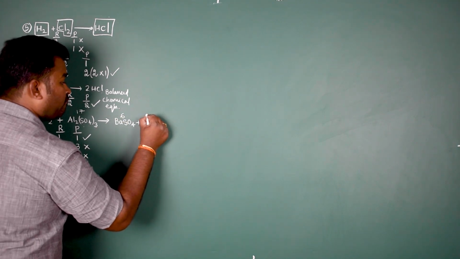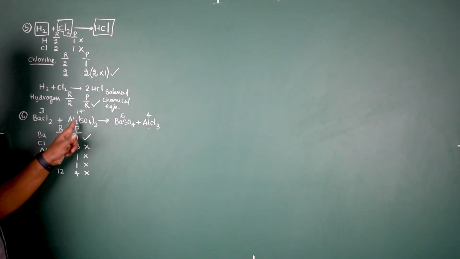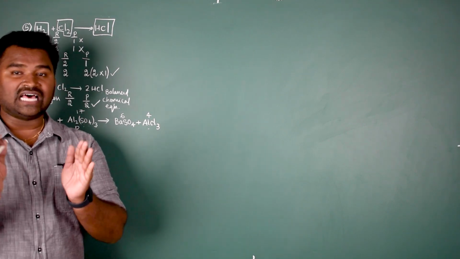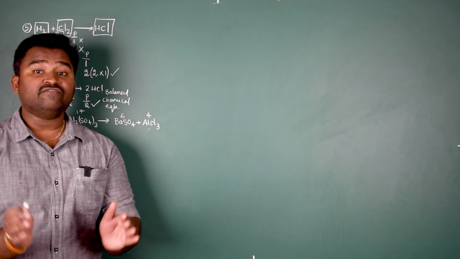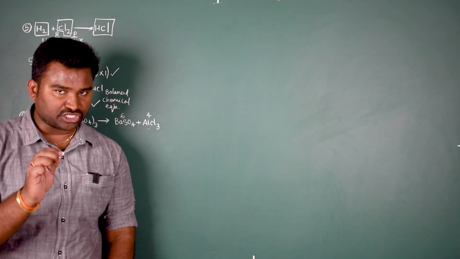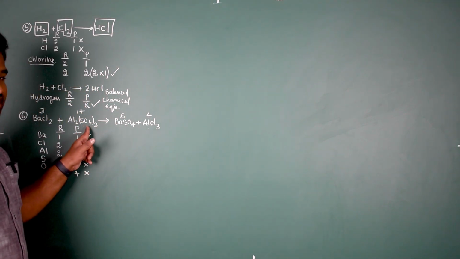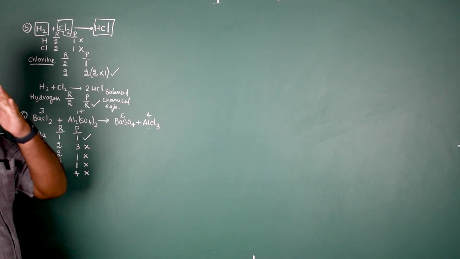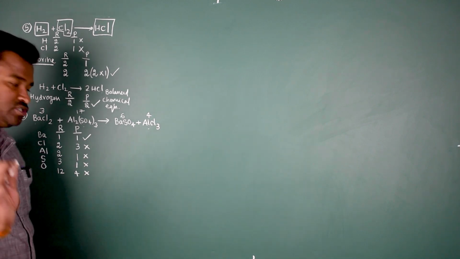Here 3 plus 1, 4 atoms. So aluminium sulphate has 17 atoms, so we have to balance aluminium sulphate first. In that, which atom should be balanced is the question. We have to balance which is maximum in number. Oxygen. So we start the balancing with oxygen.